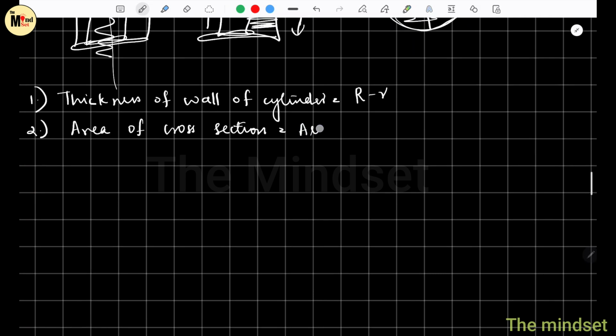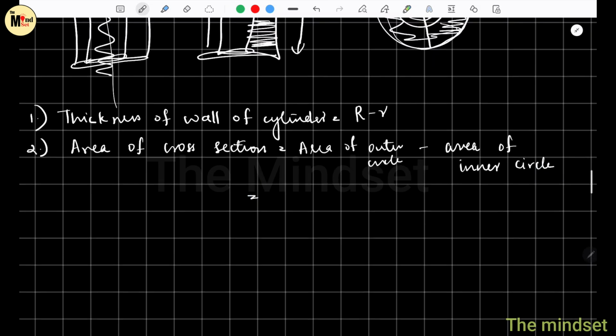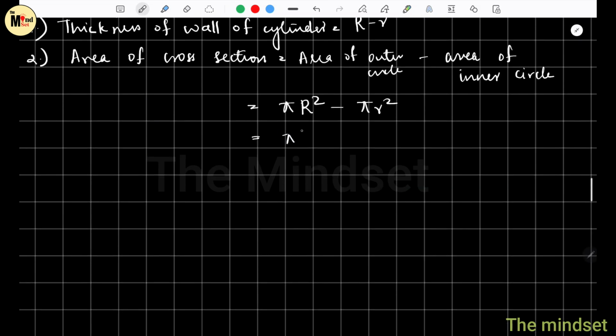So area of outer circle minus area of inner circle. We know area is pi r square. So pi into capital R square minus pi into small r square. Taking pi outside, it will be pi times capital R square minus small r square.